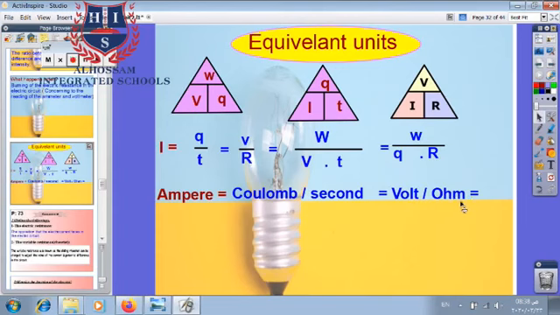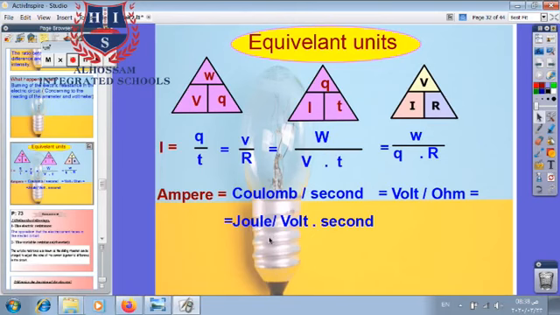You know that the electric current intensity is measured by ampere. Ampere has equivalent units, meaning units equal to ampere.